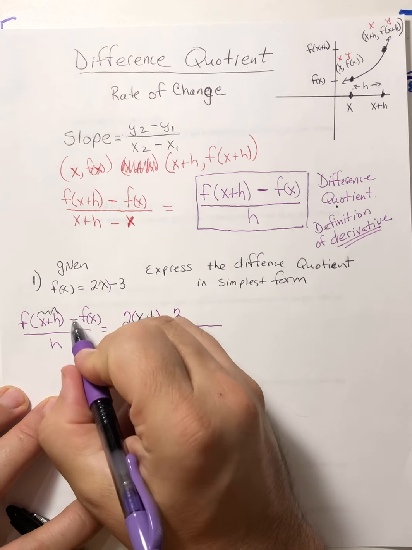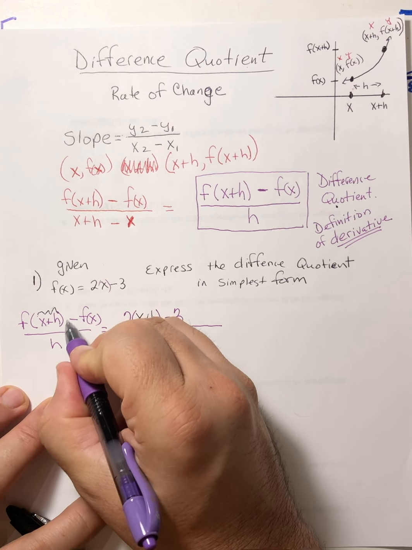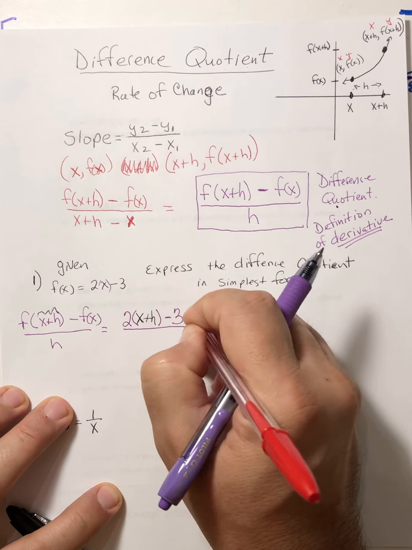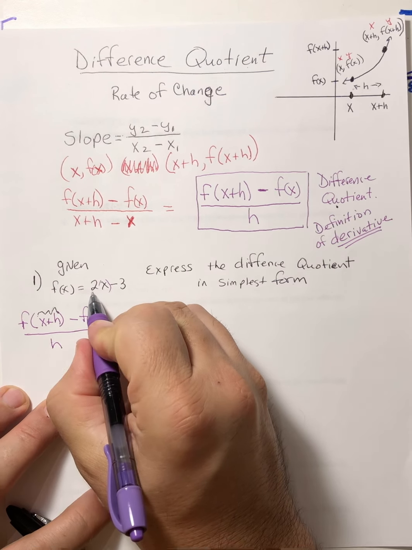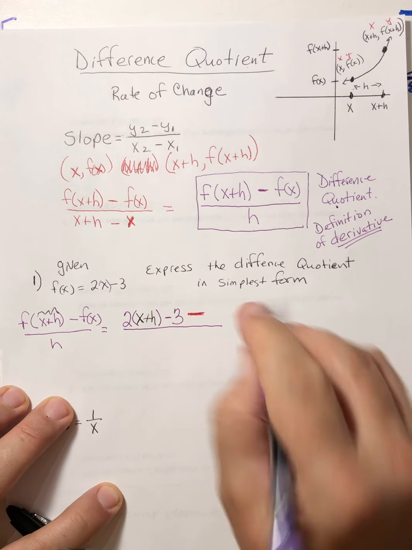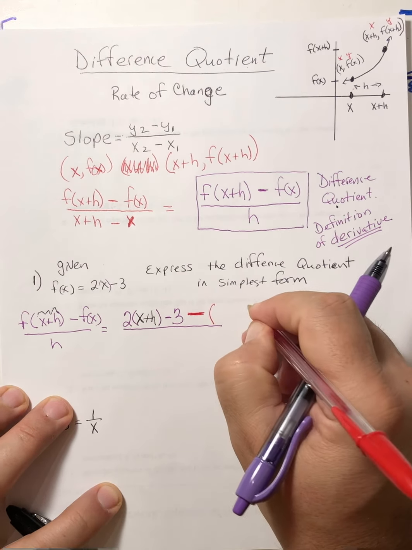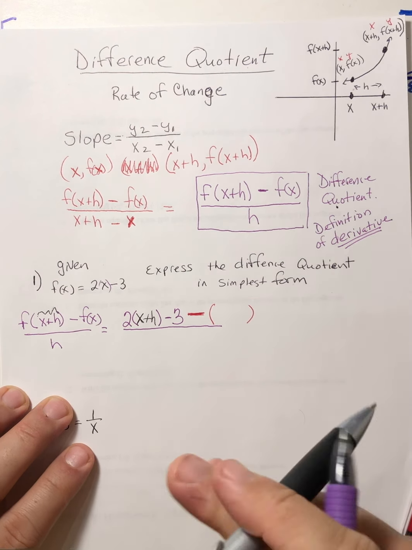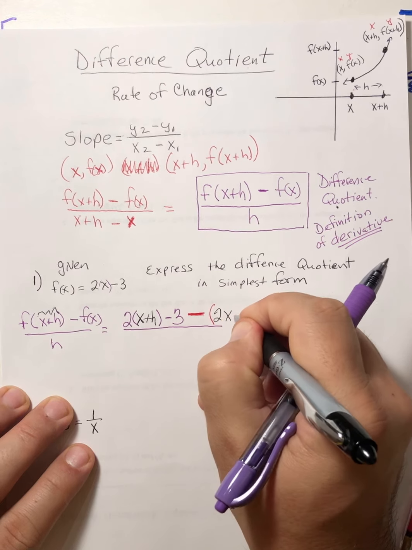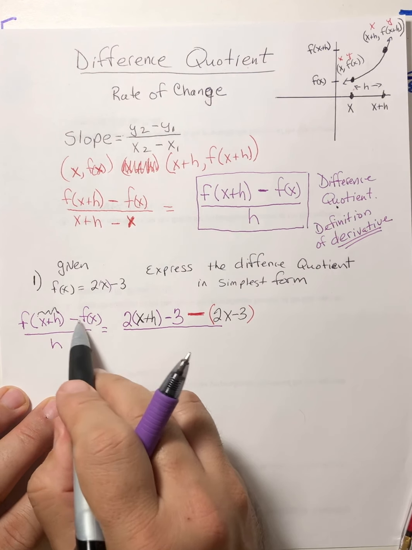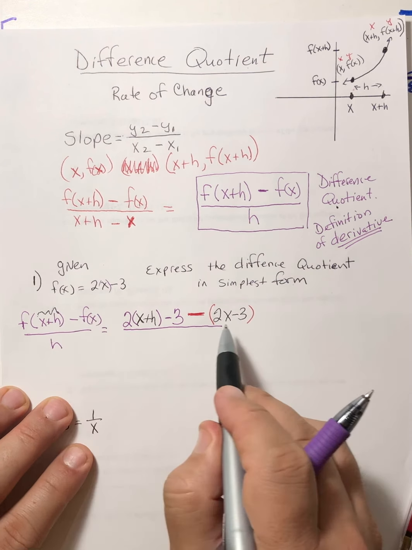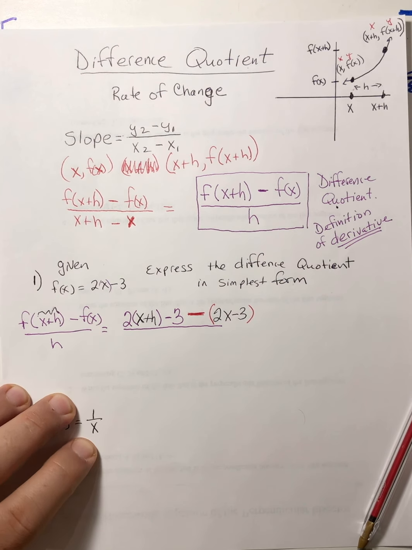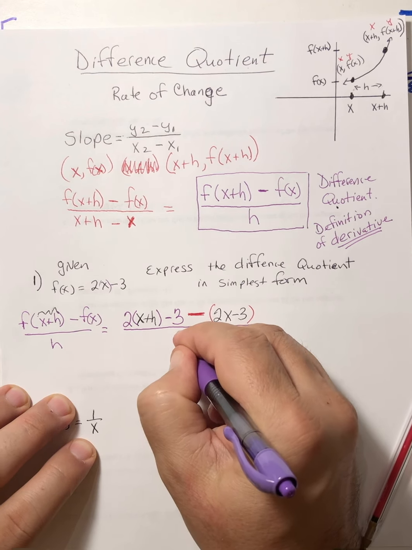Now the form says minus, and because this is a quantity, parentheses 2x minus 3, because that was the f of x, all over h.